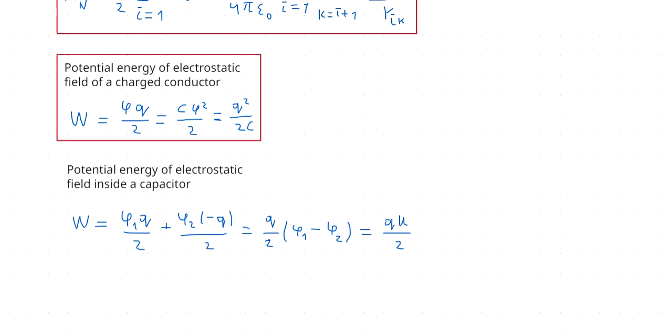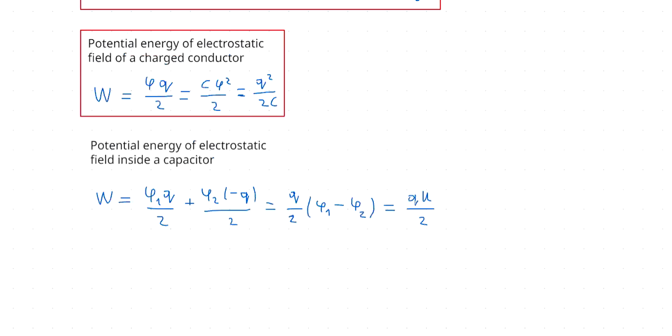Okay, do you have any questions about this? No questions. Okay, that's great. So in this way, we have obtained a formula for the potential energy of the electrostatic field inside a capacitor.